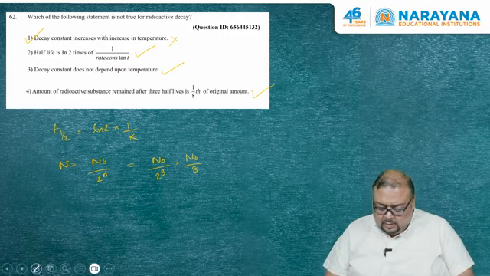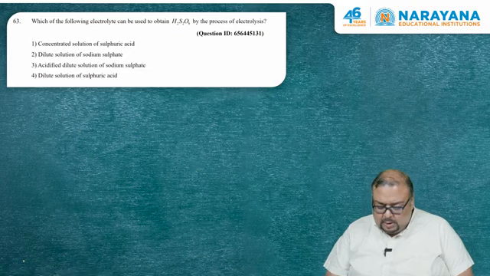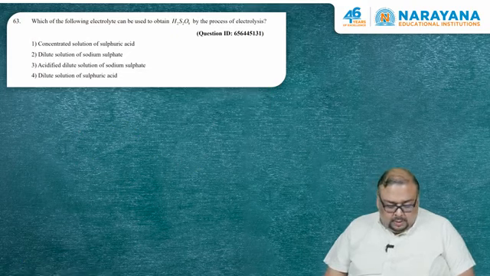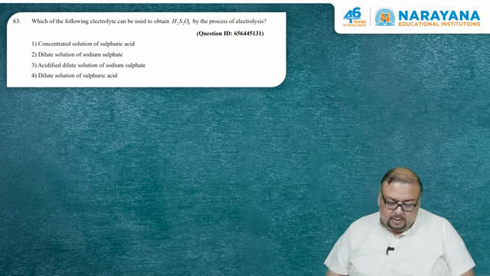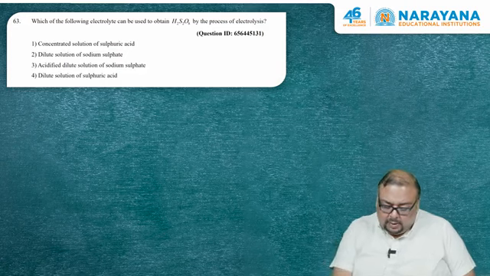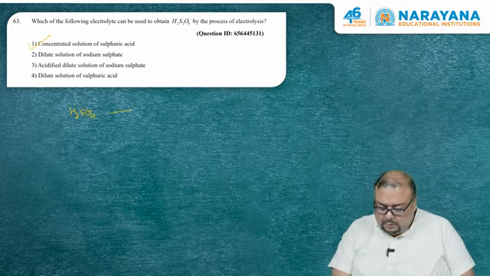Okay, next we have question number 63. Question number 63 says, which of the following electrolytes can be used to obtain H2S2O8 by the process of electrolysis? The correct answer should be option 1, which is concentrated sulfuric acid. See, when you have concentrated sulfuric acid, then H2SO4 will give H+ plus HSO4-.